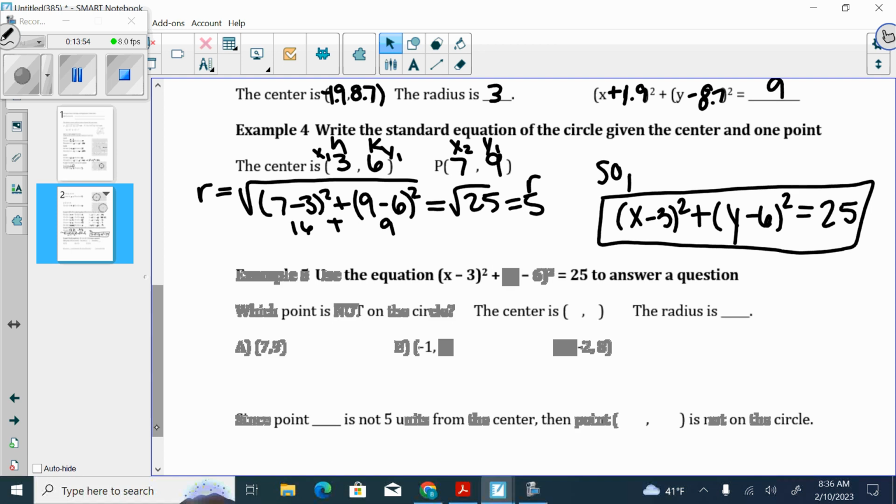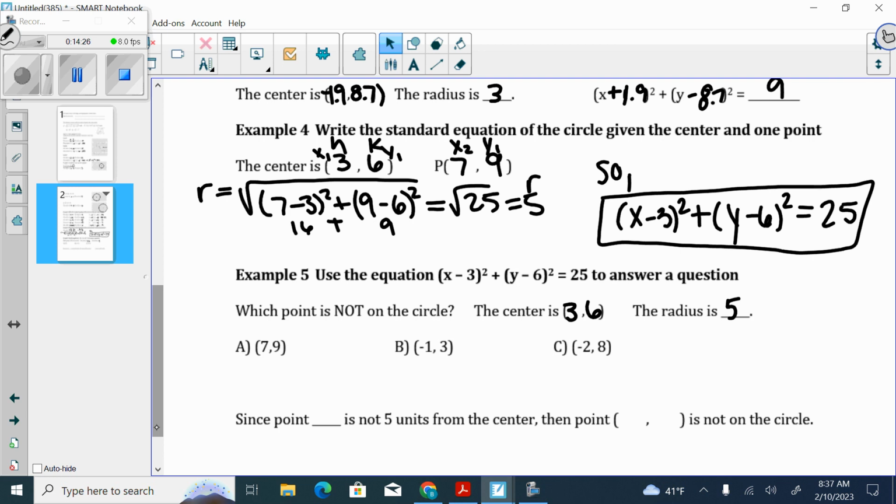Okay, so using that equation that we just came up with, x minus 3 squared plus y minus 6 squared equals 25, we're going to use that equation to help us answer this question. Which point is not on the circle? Well, as we know, the center is at 3, 6, and we said the radius was 5, right? So I need to figure out which one of these is not on the circle.